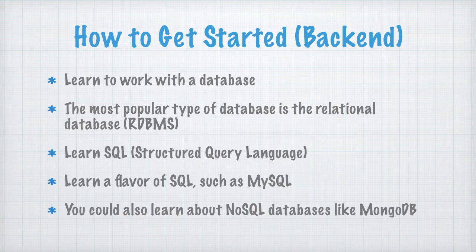There's the abbreviation RDBMS. It just means Relational Database Management System. For that kind of database, which is the most popular, you're going to have to learn SQL, short for Structured Query Language. SQL is a language that you can use to describe your data, how your data is going to be structured.